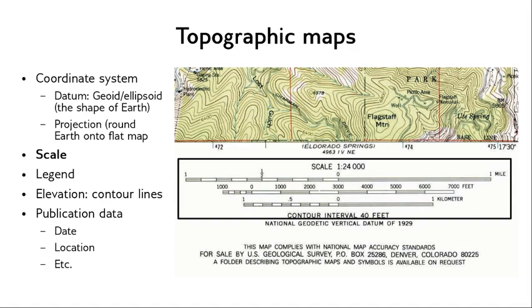Or, 1 millimeter on the map is going to equal 24 meters in the real world. So that's the way that you can then compare what you're measuring on the map with what you're measuring in the real world.